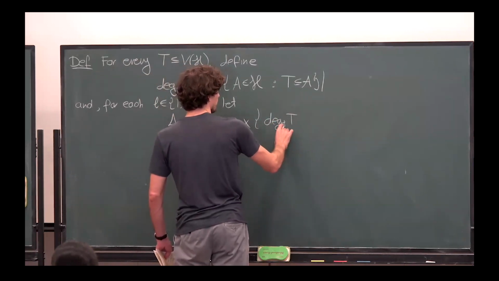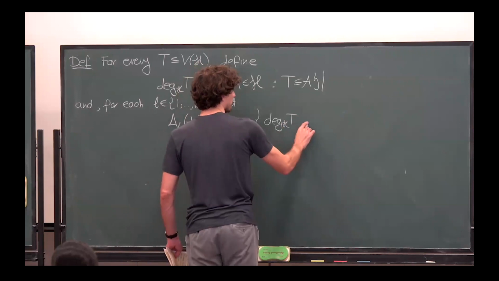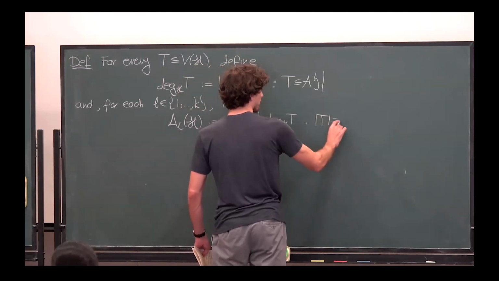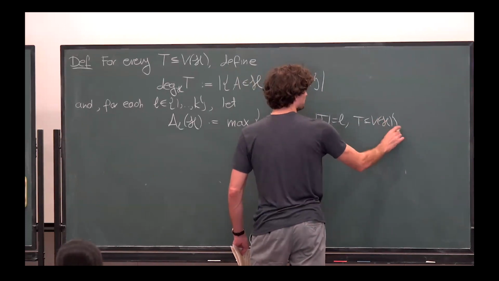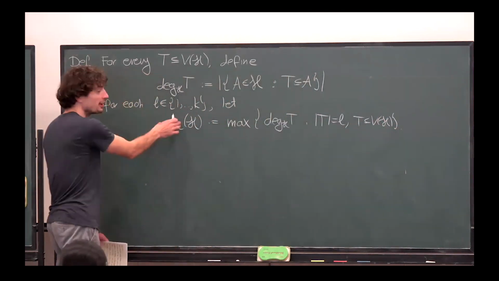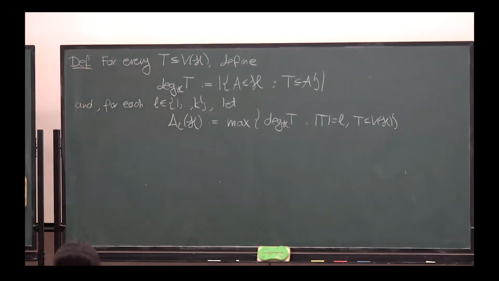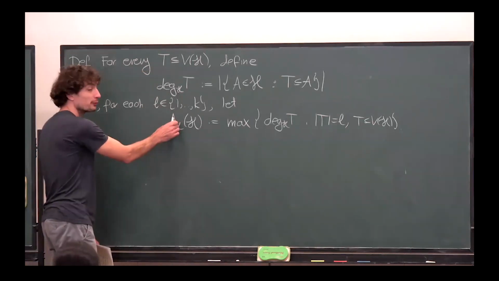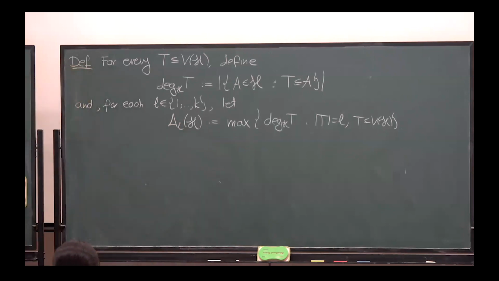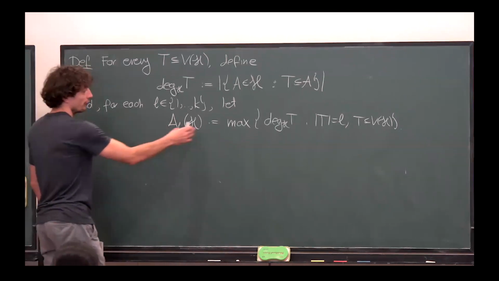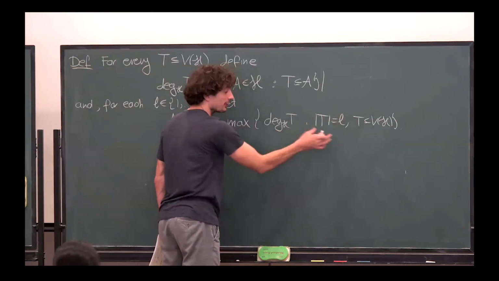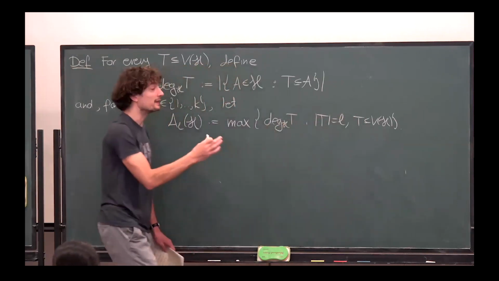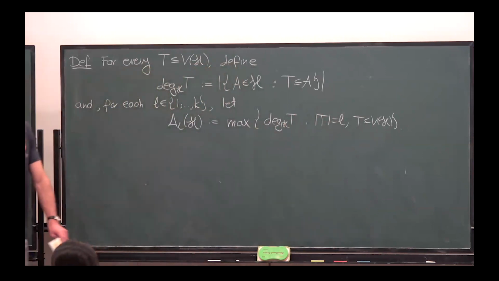So the maximum possible degree of a set whose size is exactly ℓ. So this generalizes the notion of maximum degree, say in graphs. The maximum degree is simply delta 1. So if ℓ is equal to 1, we go over all the vertices of the hypergraph, the hypervertices, and look at the number of edges that contain this given vertex. So it's the usual notion of the degree.